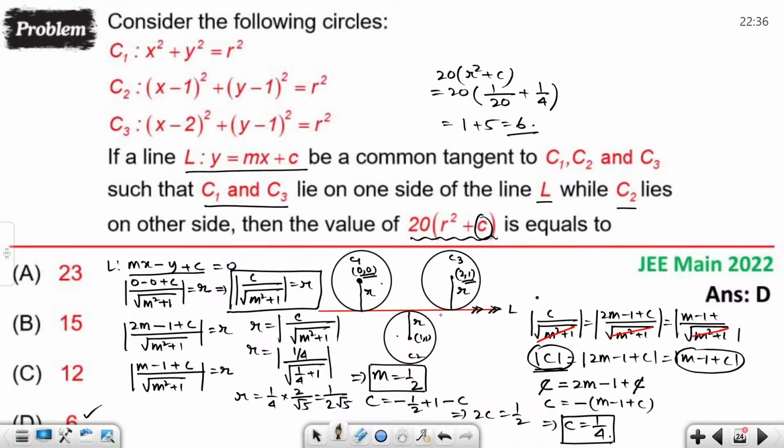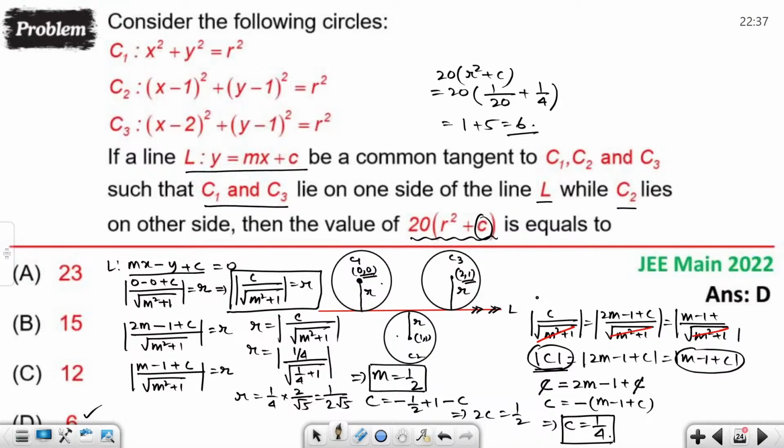And for C1 and C2, these two circles are lying on the opposite side of the tangent L. It means that their centers are on the opposite side of L. Therefore, they will have opposite signs. So I have opened the mod with a negative sign when it is of opposite sign. When they are on the same side, we have opened the mod sign with the positive sign. That's it. Is it clear to all?